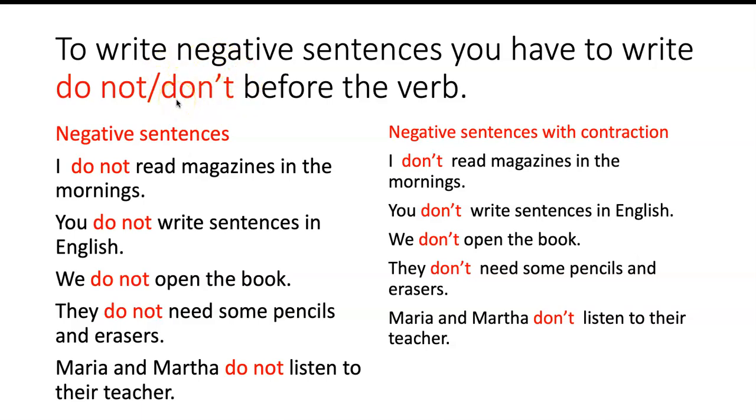As I told you in classes once, it's very common in English to use contractions. Es muy común. Lo que más va a encontrar es esto. Okay? So we have, I don't read magazines in the mornings. I don't is the same sentence, the same meaning, el mismo significado, but here you have the contraction. I don't read magazines in the mornings.